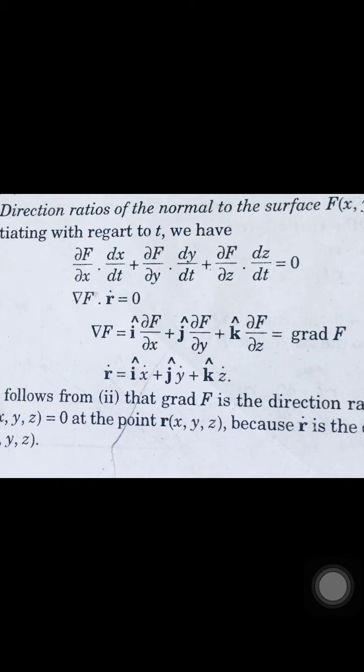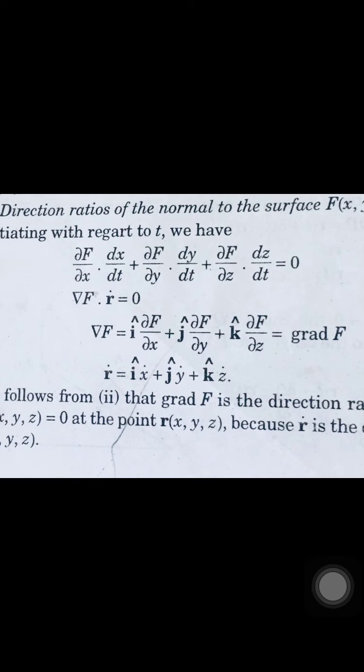It is nothing but i del f over del x plus j del f over del y plus k del f over del z. And r dot is nothing but i x dot plus j y dot plus k z dot. Now taking the dot product of these two, grad f and r dot, i dot i becomes 1, j dot j becomes 1, k dot k becomes 1.